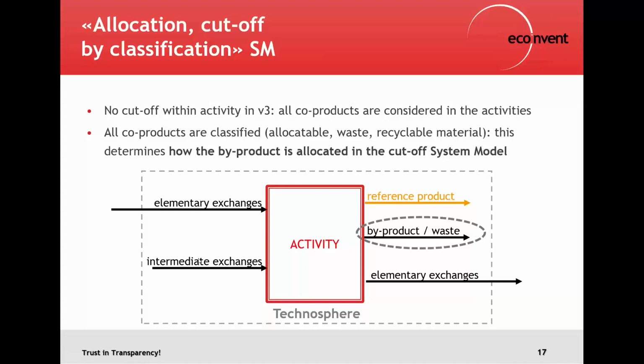This classification will determine how the byproduct is allocated in the system model, so it will determine the results obtained with the product. This classification is given by the author of the dataset and ecoinvent together, and it's of course reviewed by the editor and follows the regular review, because it determines the results that will be obtained.